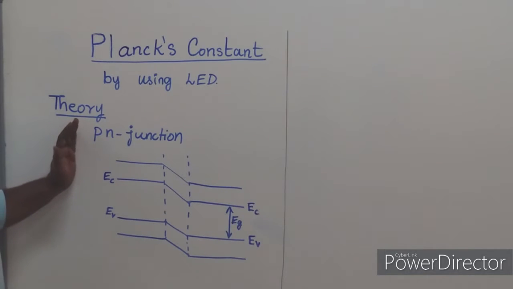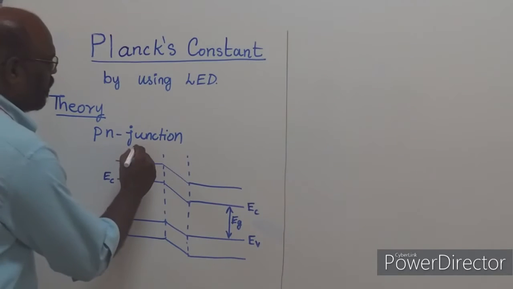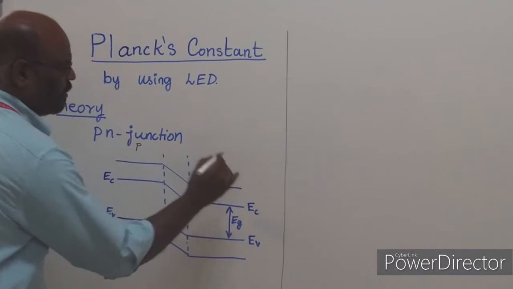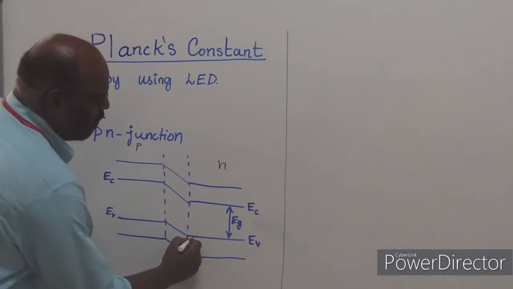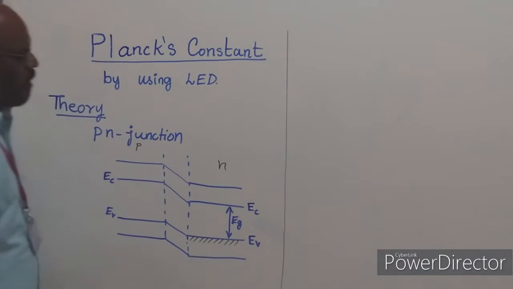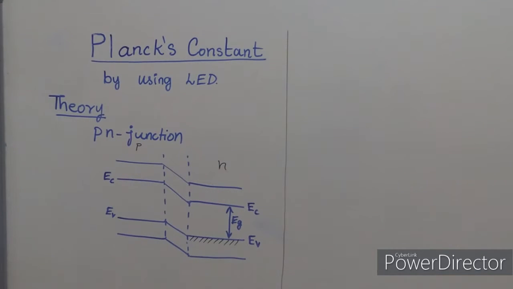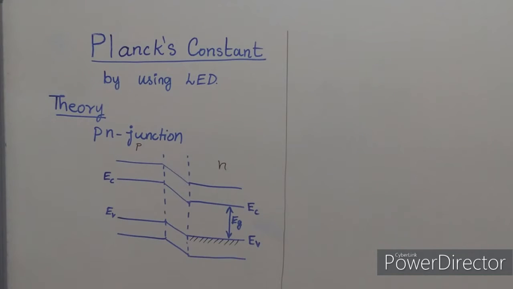So we are going to start with the PN junction. This is the P region and this is the N region. When the diode is unbiased, the electron will be in the valence band of the N region, and the conduction band will be empty.